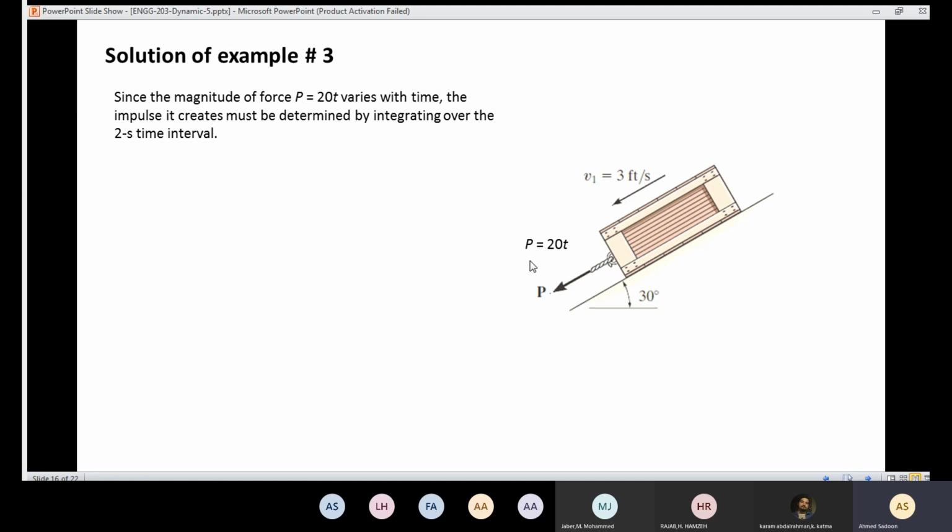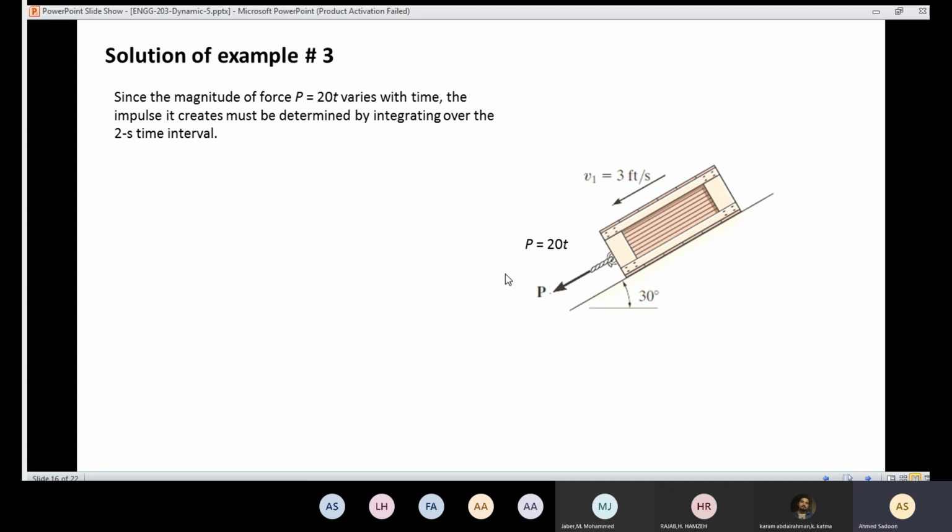Since the force is variable and depends on the time, we need to pay attention when determining the impulse because of that force: we need to integrate from 0 to 2 seconds with respect to dt in order to determine the impulse from that force.